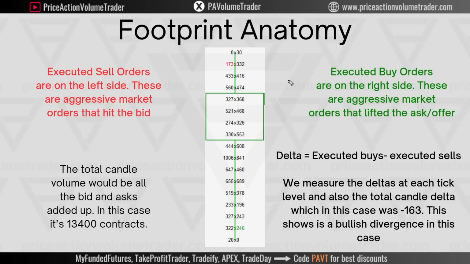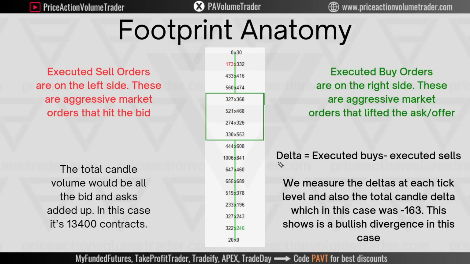These are aggressive market orders that lifted the ask or the offer. The total candle volume would be all these numbers, bid and ask, added together, which gives us the total volume for this candle, which in this case was 13,400 contracts. This is a 5-minute candlestick on the ES market, by the way.